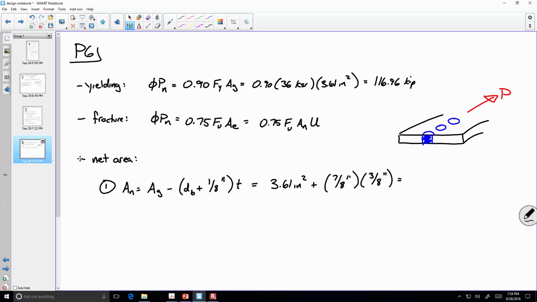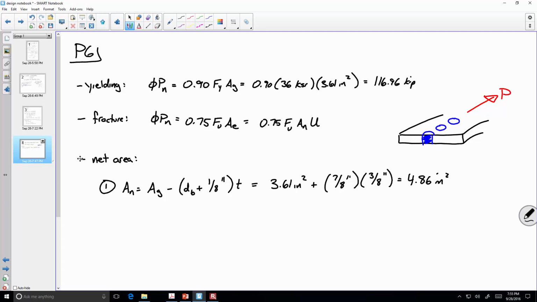And what do we get here? What'd you say it is? 4.86 square inches. So far, so good?